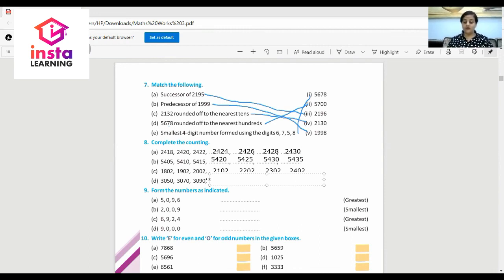After that, what will come? If we add 20 with that, we will get 3110, because we are leaving 100.